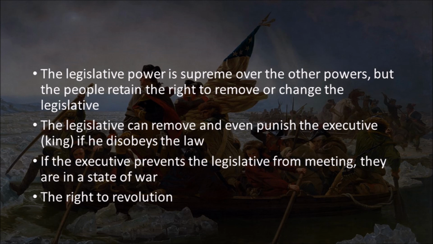So the right to revolution ultimately stems from the people's authoring of the social contract. They are the authors of it. They set it up for their well-being, and therefore they have the right to remove any part of the government, including the legislative, if necessary, that threatens their self-preservation and their freedoms.